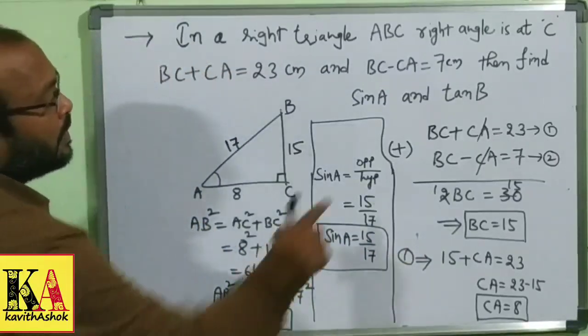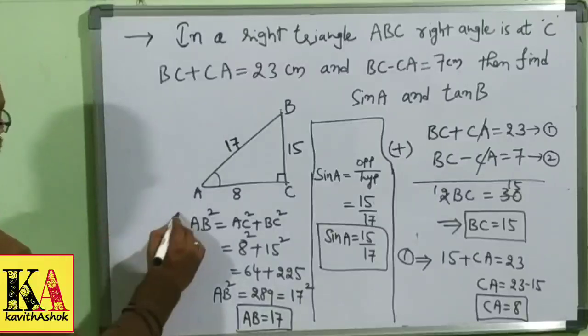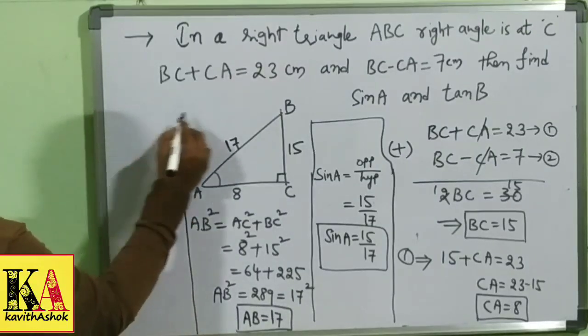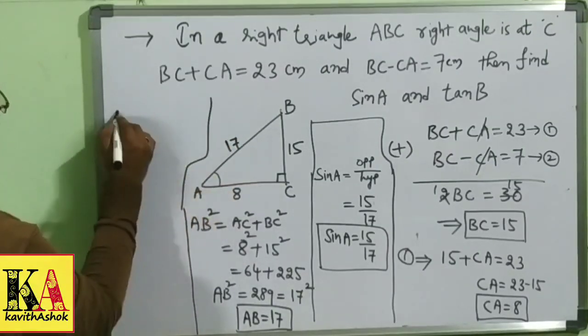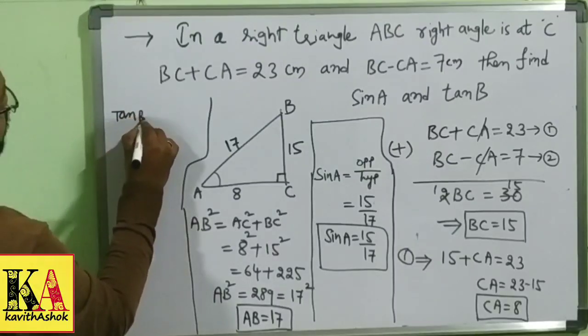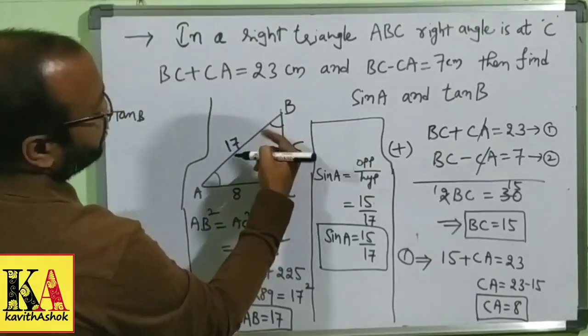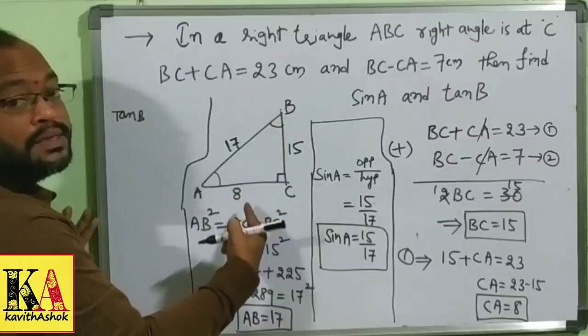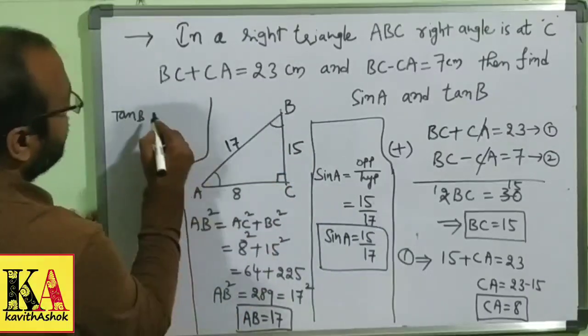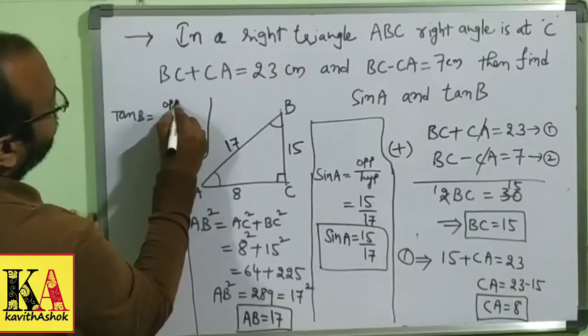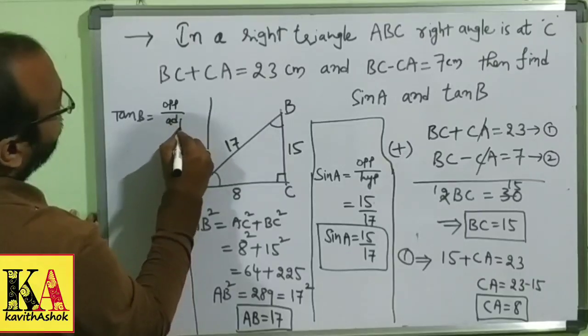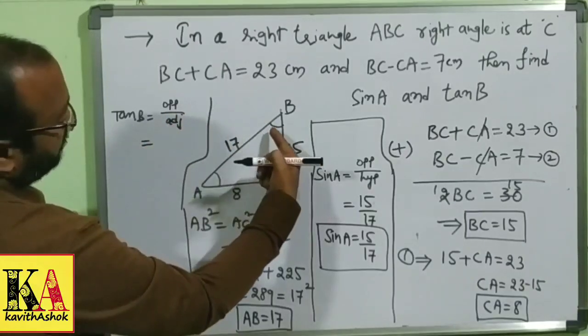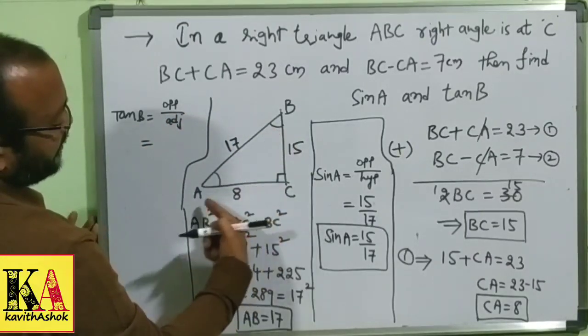Now we want tan B value, right? Tan B is equal to, now we are measuring the angle from here. Tan in the sense opposite side by adjacent side. At B, the opposite side is AC.